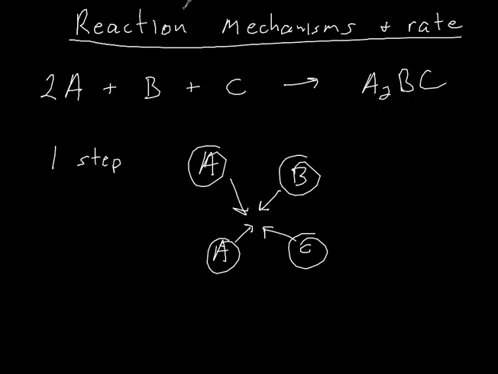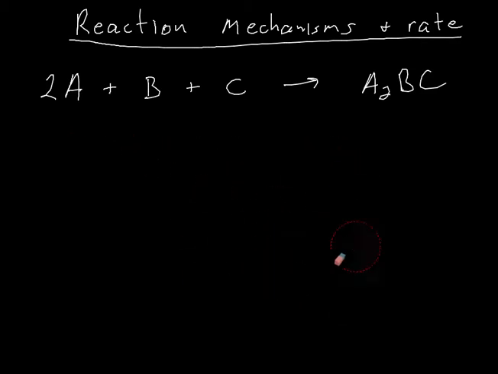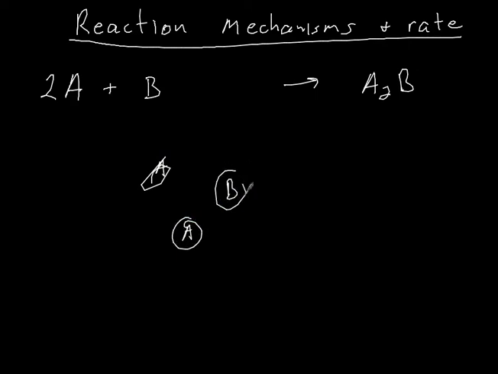As a matter of fact, we could even take this example and cut out C and say 2A plus B makes A2B. Even in that scenario, where we have two particles of A and one particle of B, those three particles have to collide in the proper orientation, and the odds are astronomically low. That's really not going to happen either.